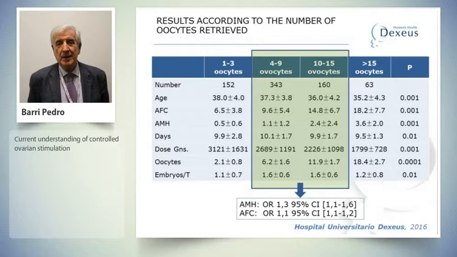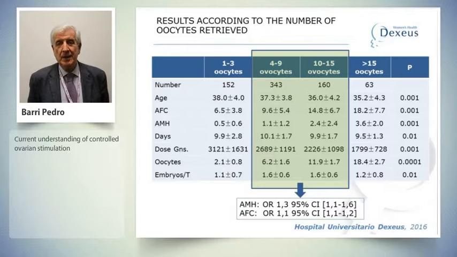And if we compare the difference between optimal and suboptimal, you will see that the 2 markers of AMH and antral follicle count were, apart from age, sufficient to clearly predict significant differences between these 2 groups.